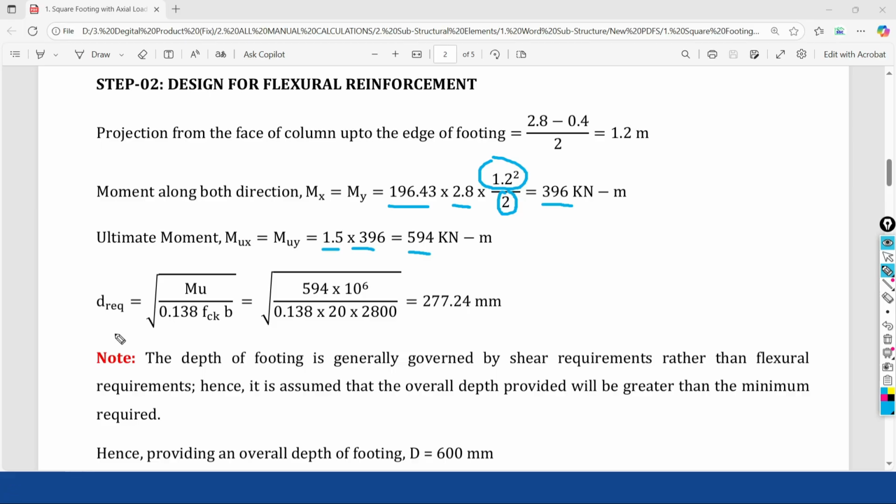So effective depth required will be equal to square root of ultimate moment divided by 0.138 fck b. If you put all the values in this formula, you get the effective depth requirement as 277.24 mm. This is the effective depth required for this foundation.